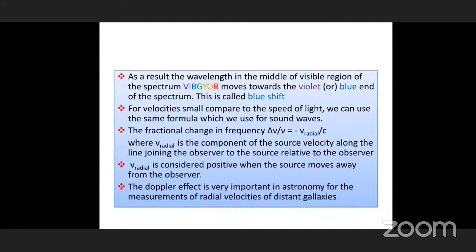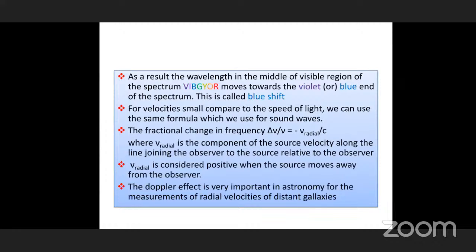By calculating this, we can observe how much change in frequency, delta nu, there is, and whether it is blue shift or red shift. For example, if yellow color is observed as blue, you find the nu of yellow and the nu of blue, and the change is delta nu.